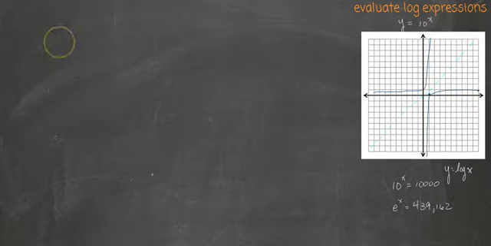And I like to use p's and q's, not x's and y's, because so often x and y are in our actual equations and it can be harder to see. So I like to use the form P equals my base to the q power.